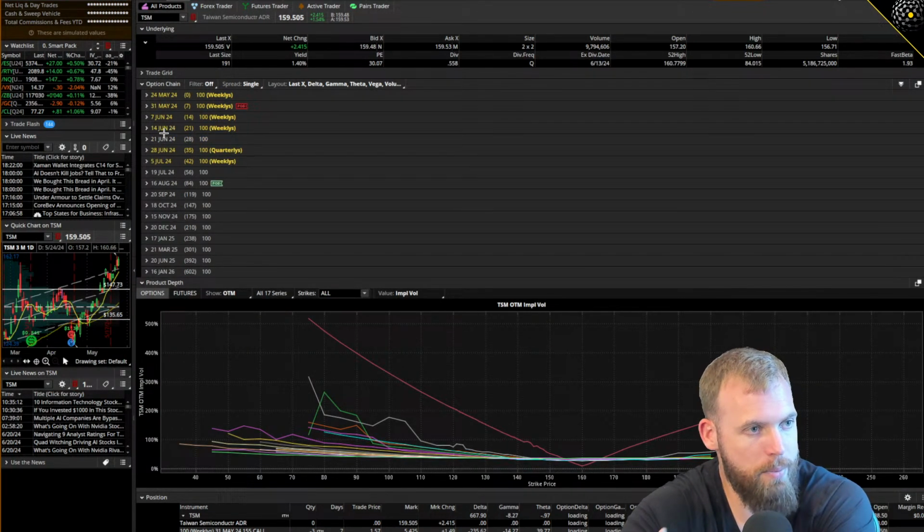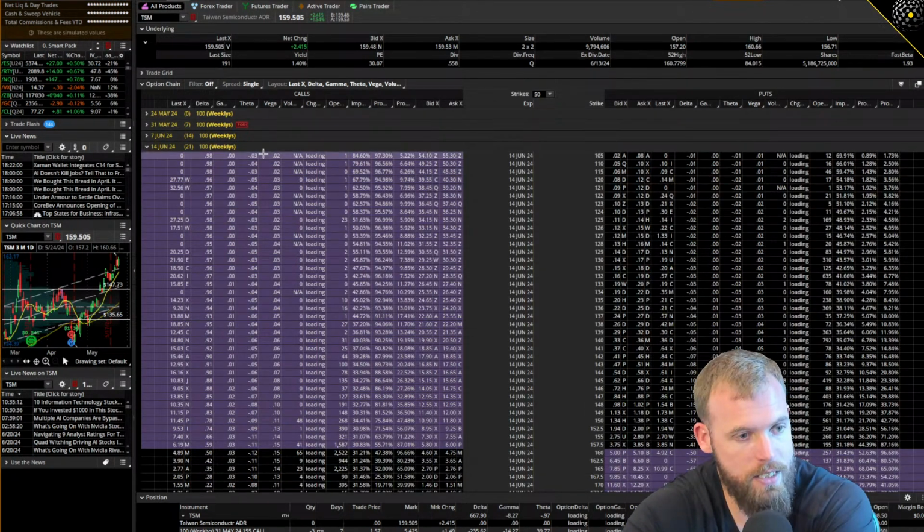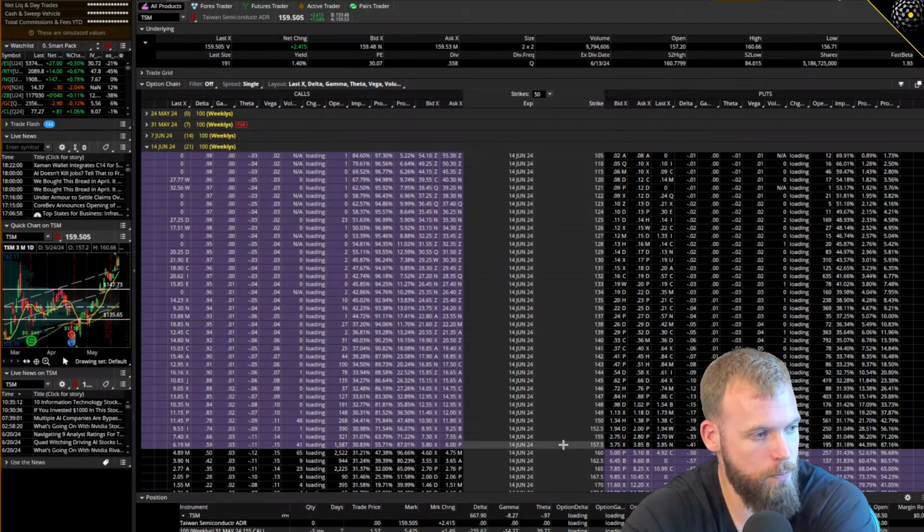And then I would go out maybe a couple weeks. I want to go out as little in time as possible. I need to get $5.45. So I can move from the 155s, go out 2 weeks, and improve my basis from 155 up to 157.